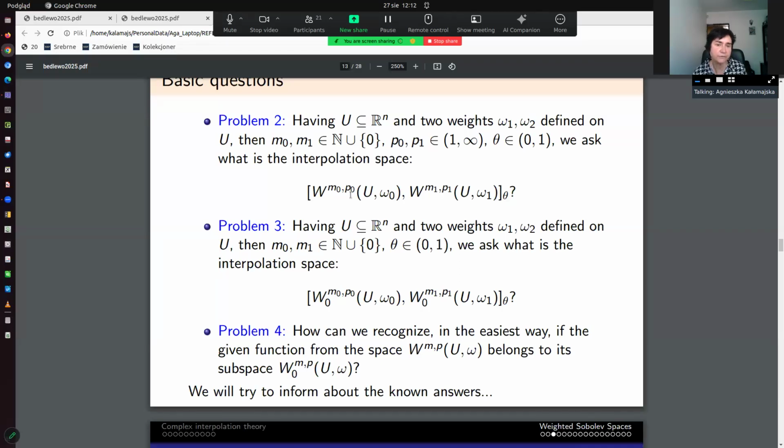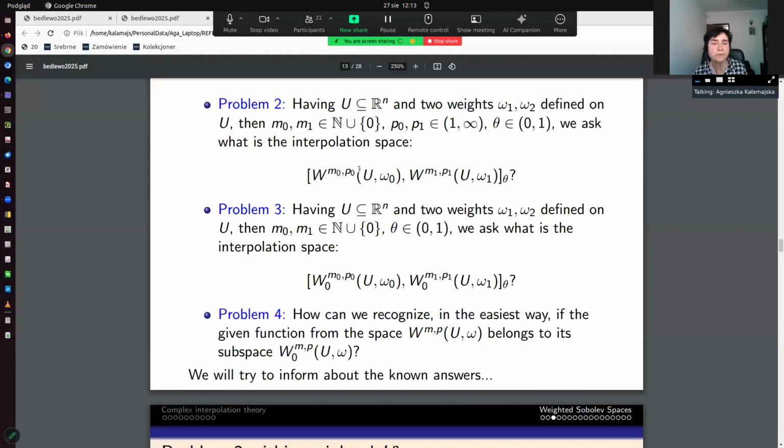They are integrable with various powers. What can be said? You will see really little is known about this. Then problem 3, not W^{m,p} but W0^{m,p}, so the completion of C0 infinity in those spaces. What are the intermediate spaces? No regular theory, you will see.